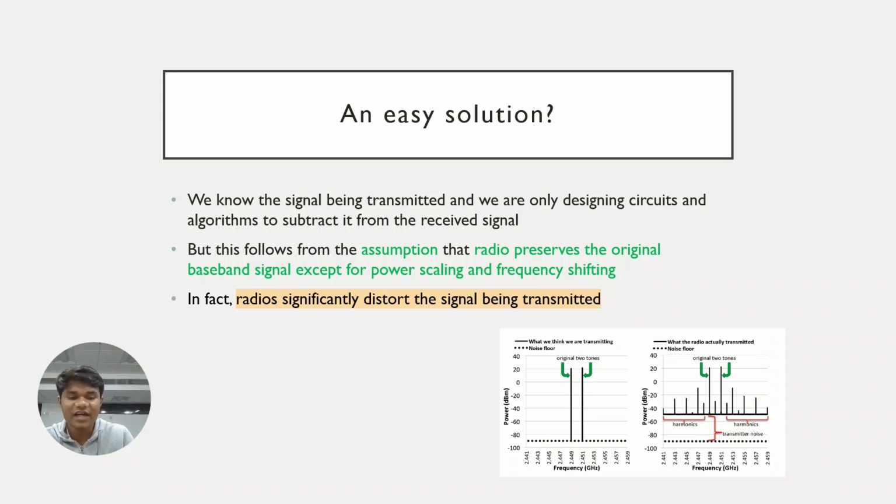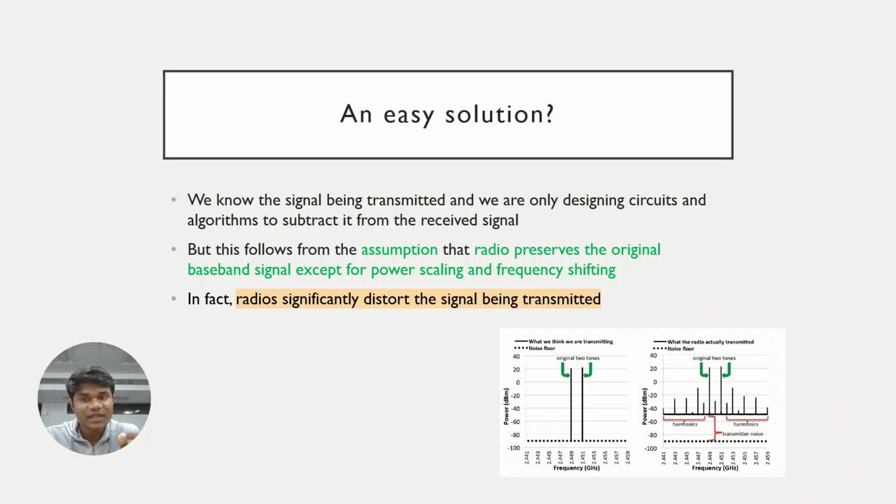So you already have the information that you are transmitting in the digital form. So why not simply subtract that information from the signal that you are receiving, and hopefully the thing works and you are able to receive the signal that you intended to receive.